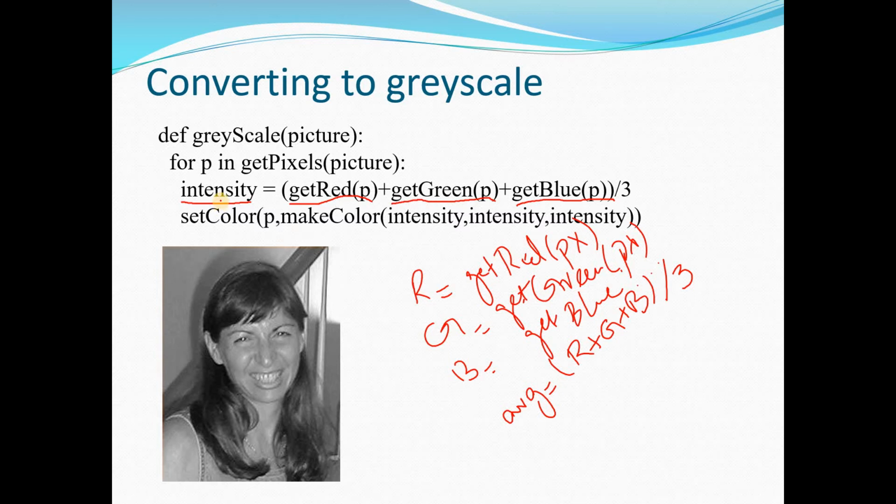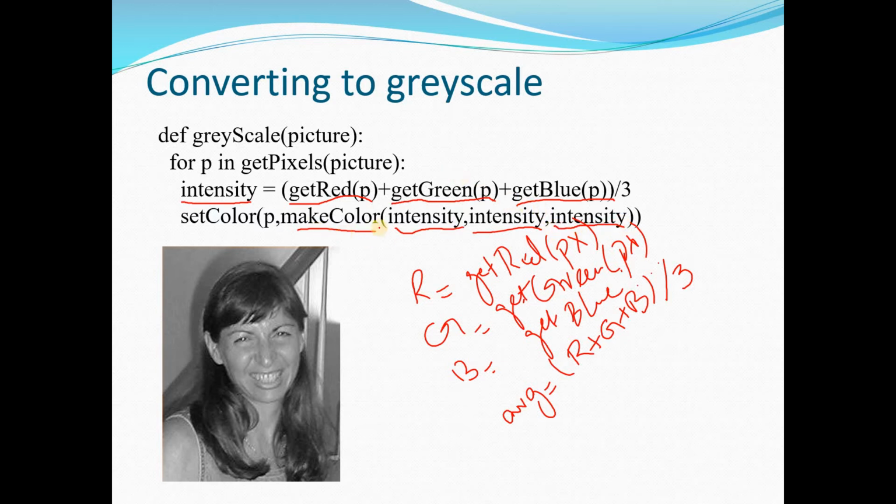And then with this intensity variable they create a new color. So make color, and for the color, you remember make color will take 3 values. So you give the 3 values which are the same. Remember the gray color has all 3 RGB values equal.